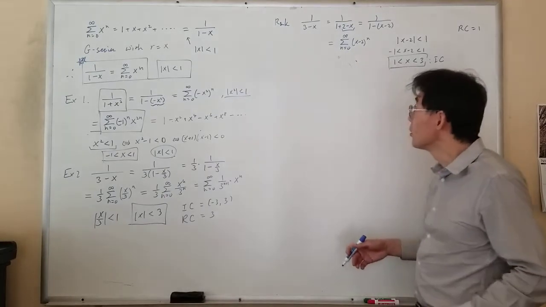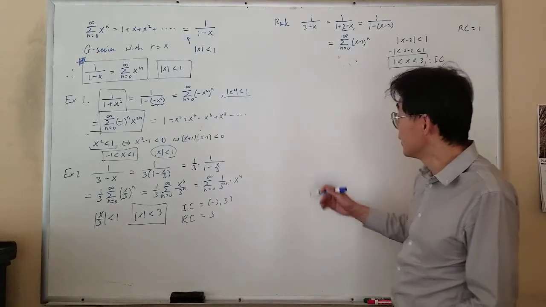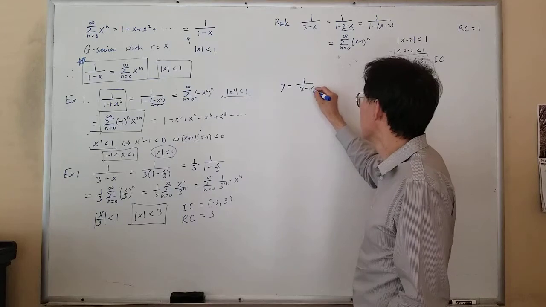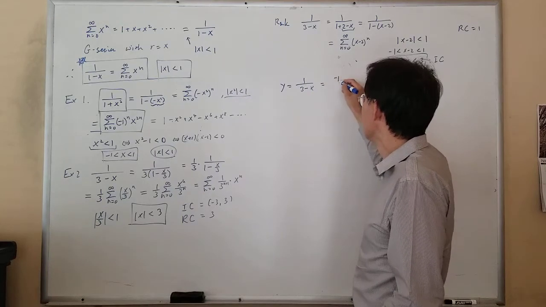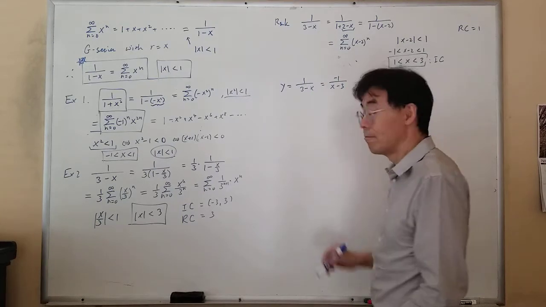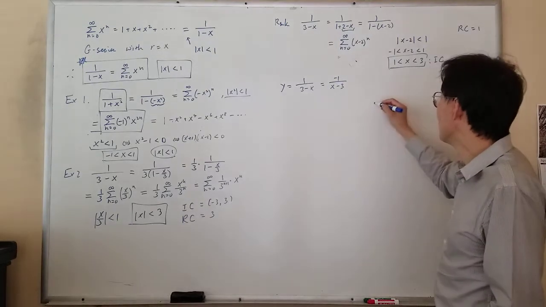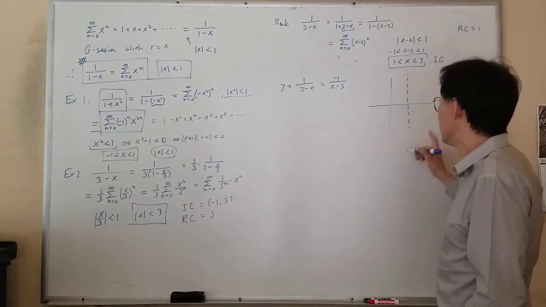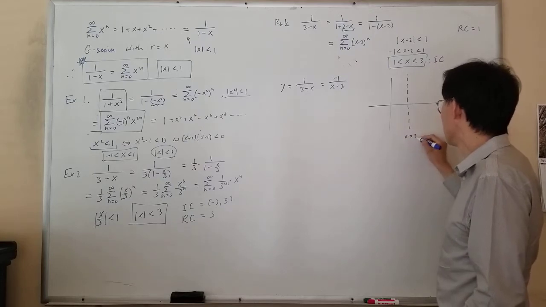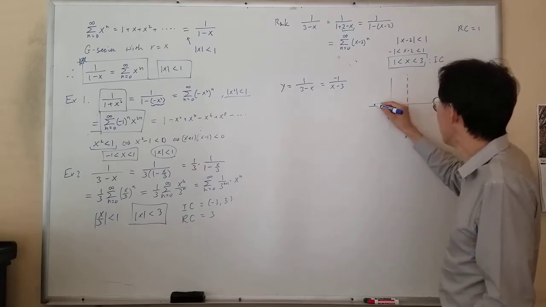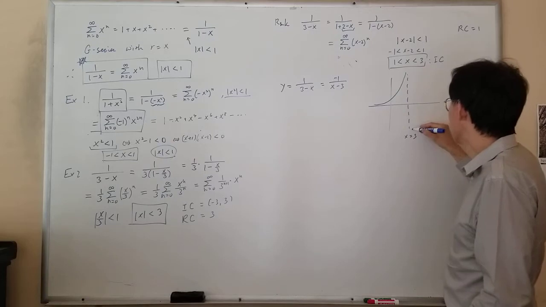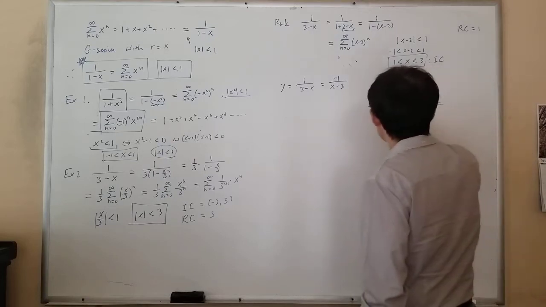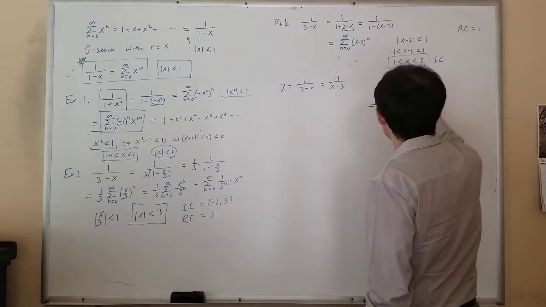Now, one interesting remark is that when you draw y equals 1 over 3 minus x, this is -1 over x minus 3. So the vertical asymptote is at x equals 3, and the graph will be like this.